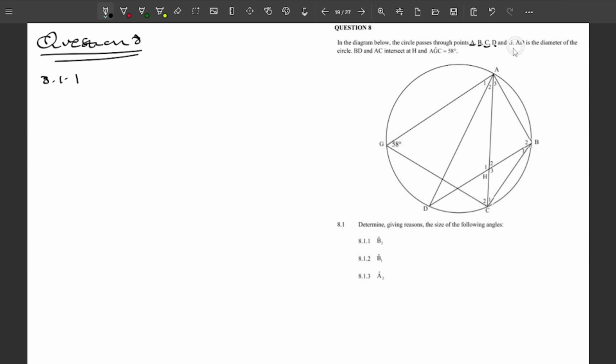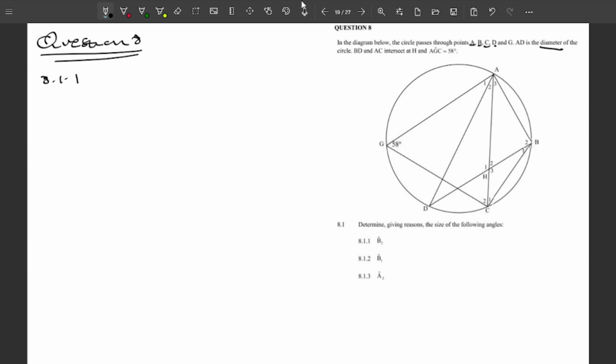This is an important point. It's a diameter of the circle. BD and AC intersect at H, and the angle AGC equals 58 degrees. The first question states, determine, giving reasons, the size of the following angles.